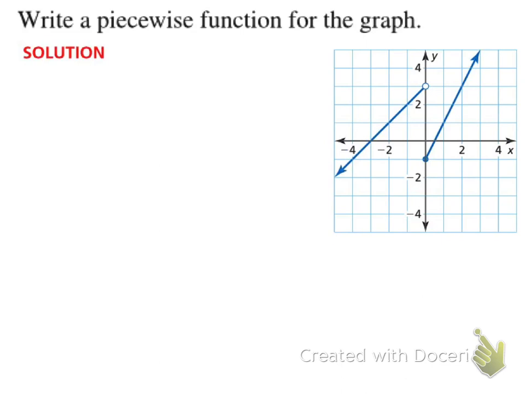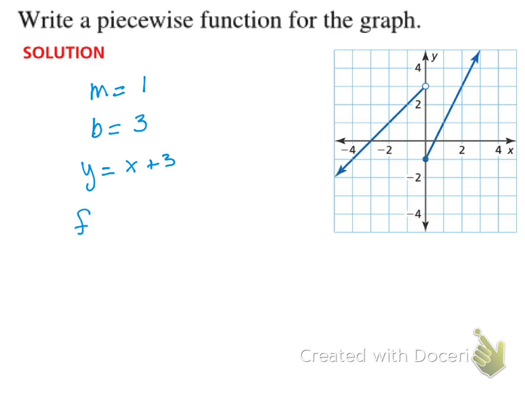Write the piecewise function. Did I show you how to write the, okay, so this is the last part. How do we write the function for it? What's your m, what's your b for the first line? m equals, b equals. So my b is what? 3, and my m is 1. So y equals x plus 3.